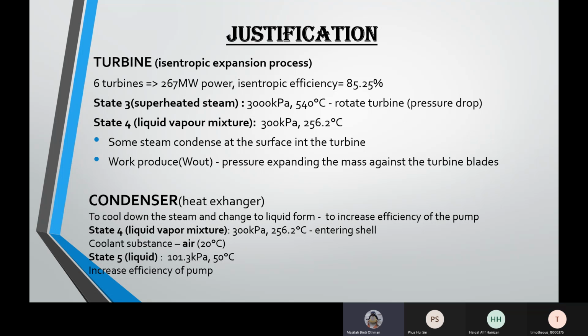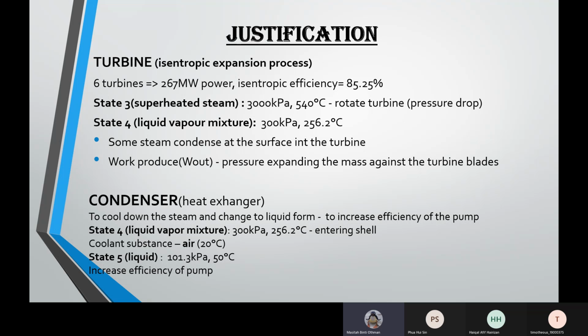So from the boiler, the steam at a pressure of 3,000 kilopascal and 540 degrees Celsius will rotate the turbine and have a pressure drop, because the work is produced by the pressurized steam expanding against the turbine blades. So the phase of the outlet steam will become a liquid vapor mixture as some of the steam condenses at the surface in the turbine.